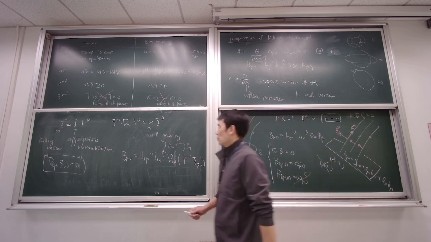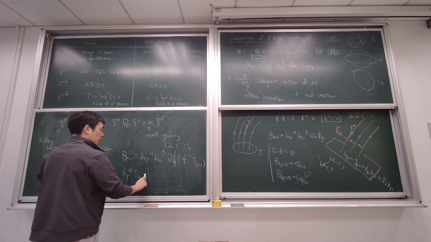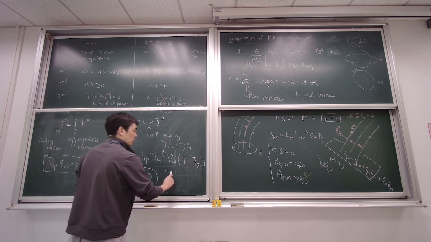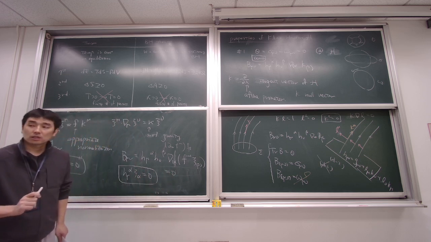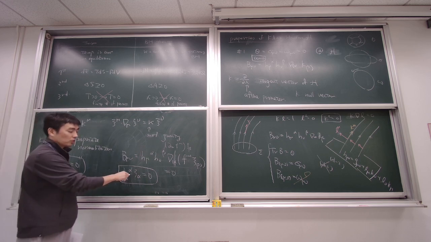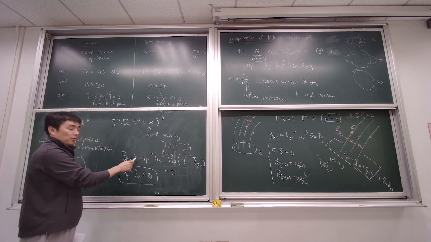So therefore, the projection of this H mu alpha C alpha is always 0. If you use this Killing vector property, this projection is equal to 0 because it's orthogonal. This B mu nu is always 0.